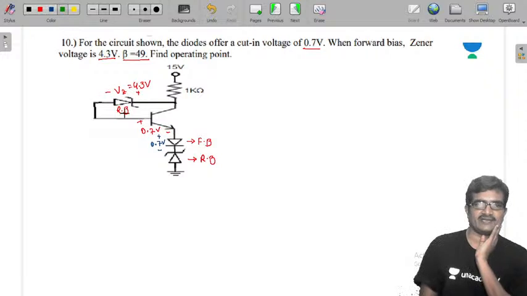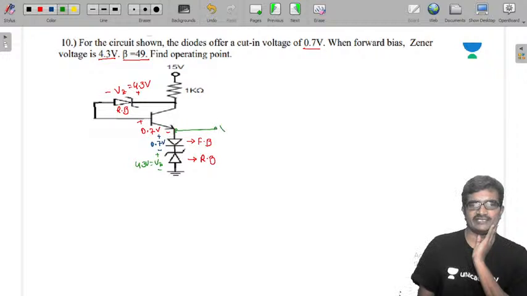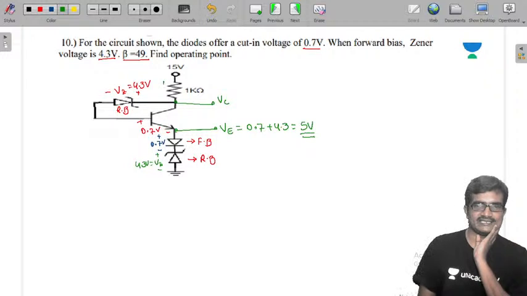And here another one, the Zener voltage VZ, that is 4.3 volts. Simple. Now the voltage at this point is VE, which is 0.7 plus 4.3, that is 5 volts. Now this is the voltage VC, the voltage at the collector, and this is the current IC.